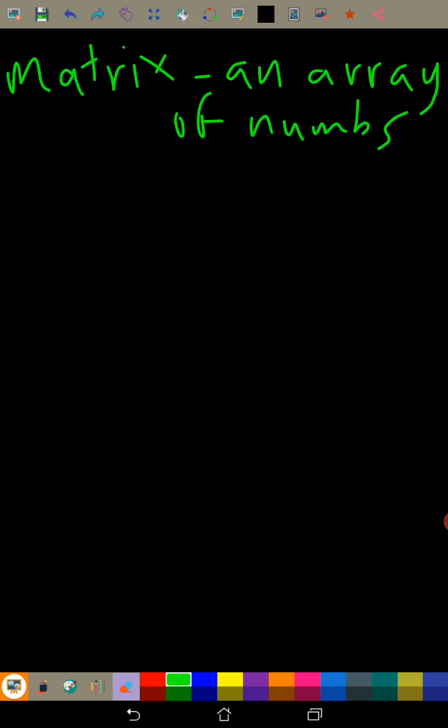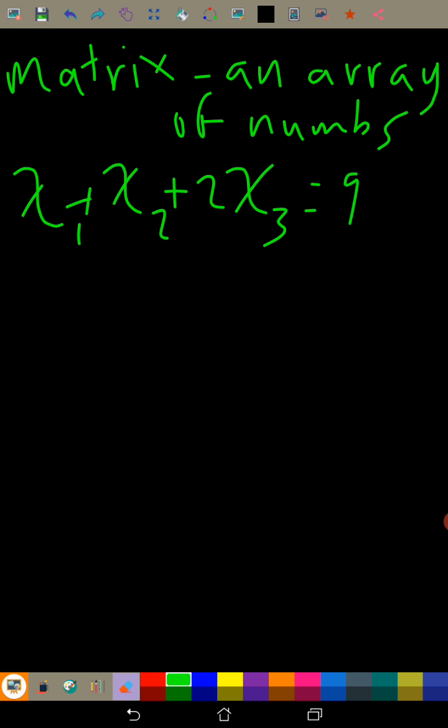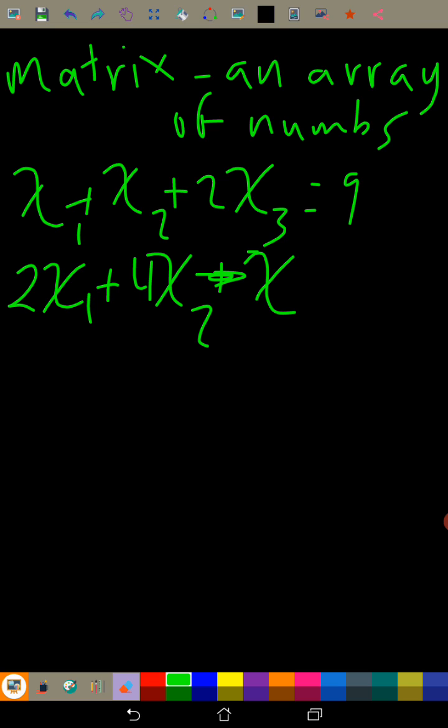And let's say you have x1 plus x2 plus 2x3 is equal to 9, and 2x1 plus 4x2 minus 3x3 is equal to 1.